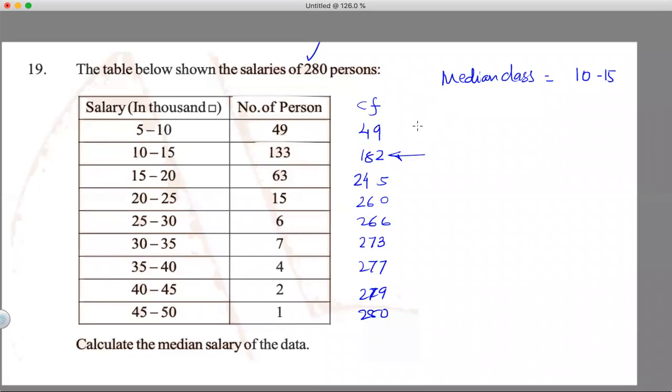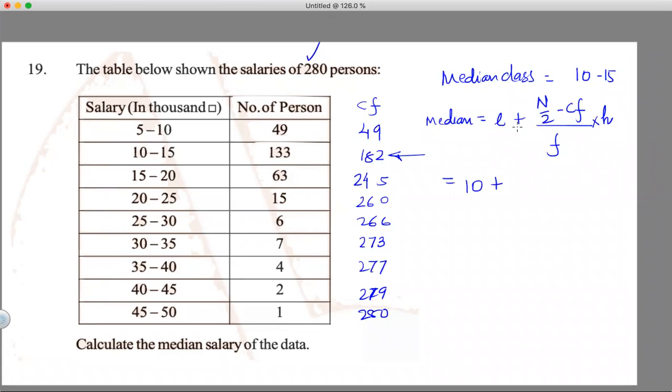अब फॉर्मूला क्या होता है मीडियन का? मीडियन का फॉर्मूला लिखना है इसके बाद हमें। L plus n upon 2 minus CF upon F, into H, right? H is the class interval. So let's put these values. L is 10.